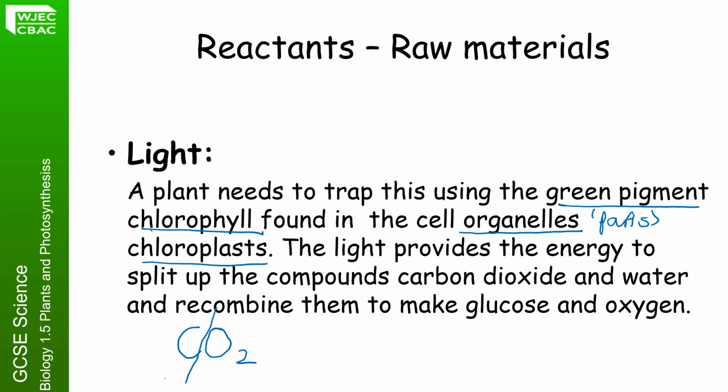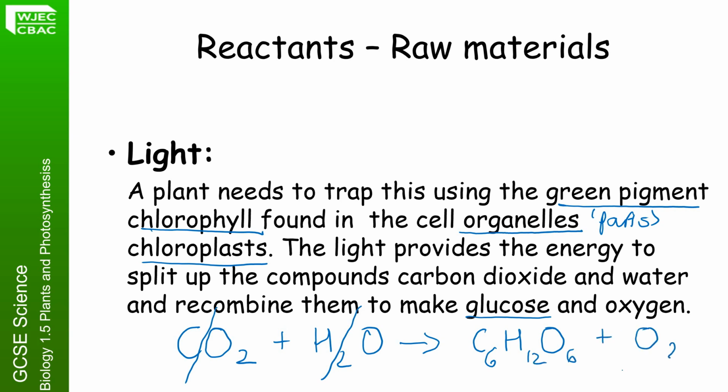The light splits the carbon from the oxygen. Our other reactant, water, the light splits the hydrogen from the water, and it's going to recombine these particular elements, carbon, hydrogen and oxygen, to make our glucose, our carbohydrate, with this particular formula, and it also releases oxygen.